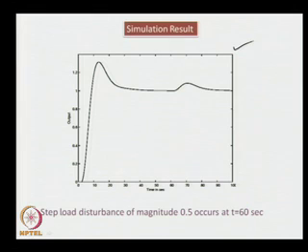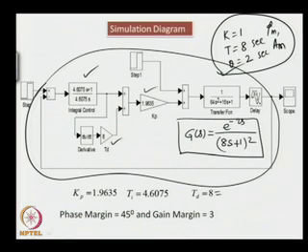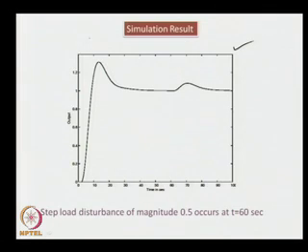We have also assumed a step load disturbance of magnitude 0.5 occurring at time t equal to 60 seconds. So, a step load disturbance occurs over here, which is of magnitude 0.5 at time t equal to 60 seconds. Then the response obtained is of this form.